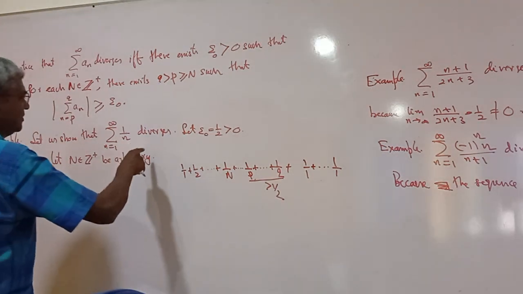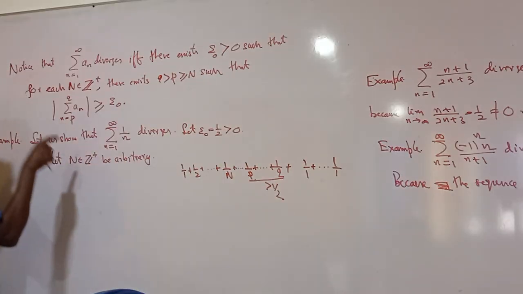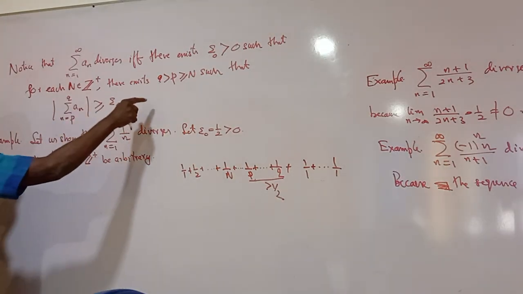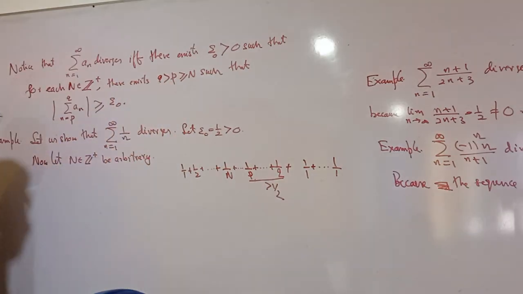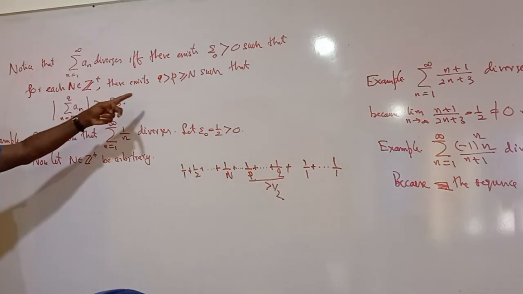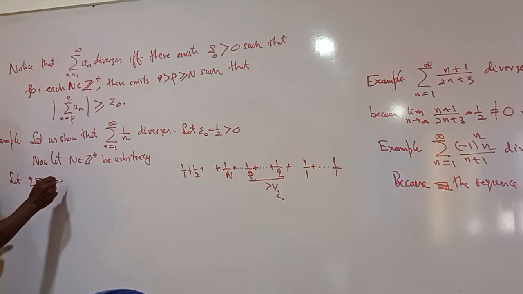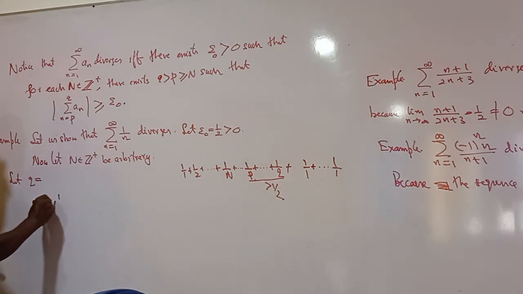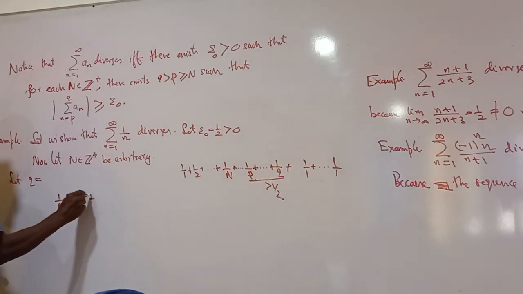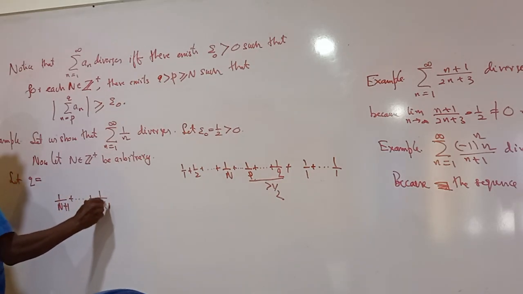So now I have to show this for n arbitrary. Let's begin from here. P can be equal to n, and I choose Q. I know this one: 1 over n plus 1, plus and so on, plus 1 over n plus n.